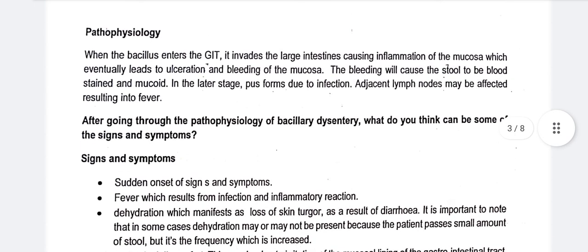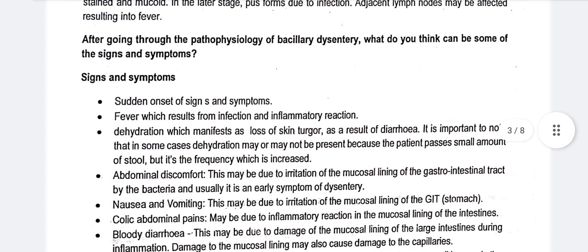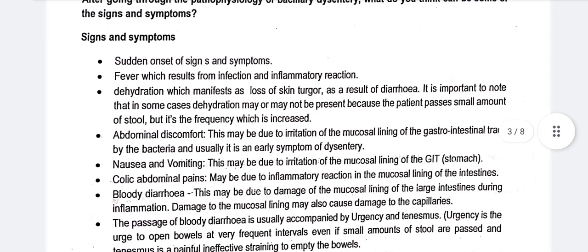And once they have invaded your large intestines, it will cause inflammation. It's the same inflammatory process that will lead to bleeding. Inflammation, eventually ulceration, we have bleeding. And when someone goes to the toilet, they see blood in stool. That is the dysentery. Okay? Signs and symptoms.